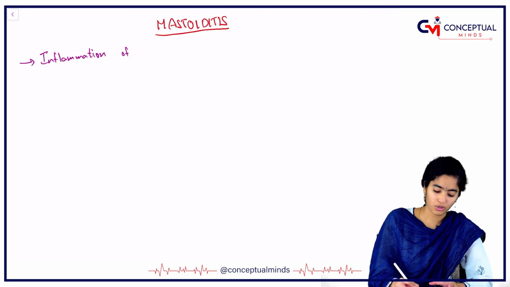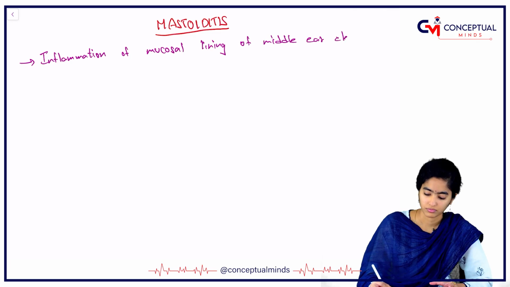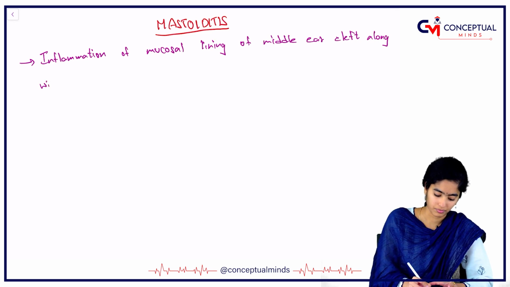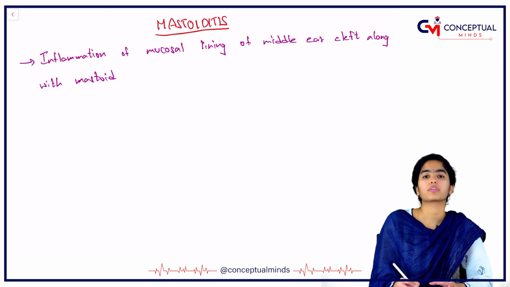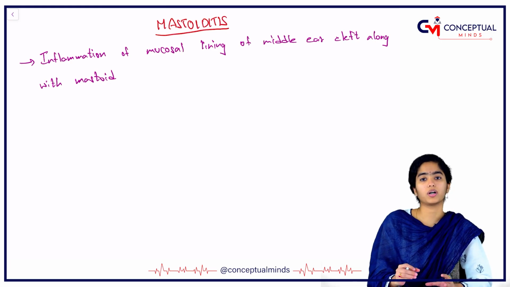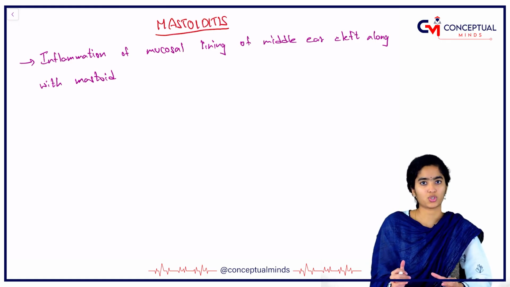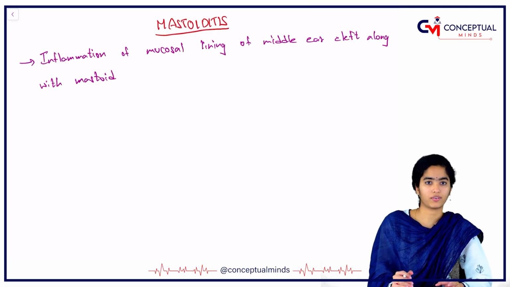It is inflammation of the mucosal lining of middle ear cleft along with mastoid air cells, mastoid antrum. Now, the term middle ear cleft itself includes the mastoid system also, but to be specific, we are writing it like this.